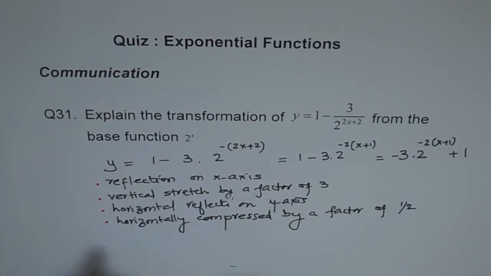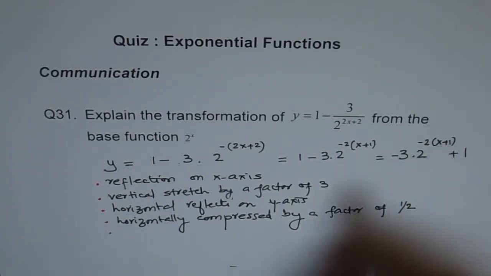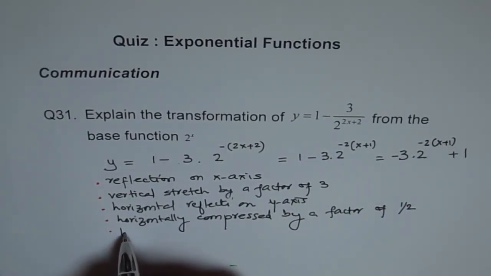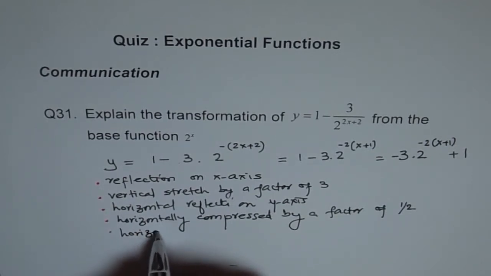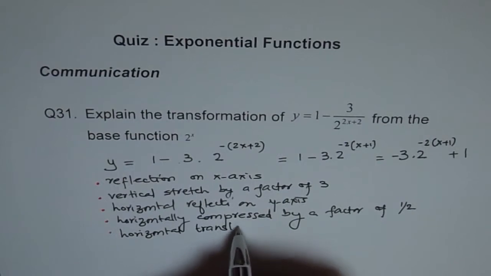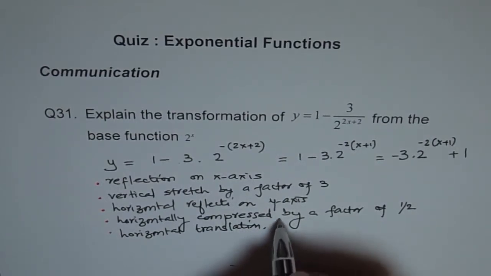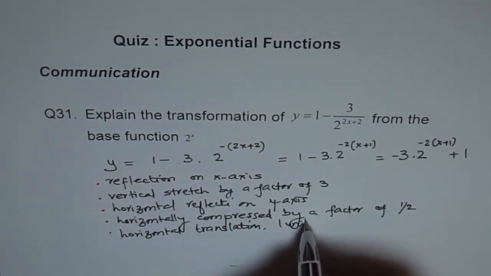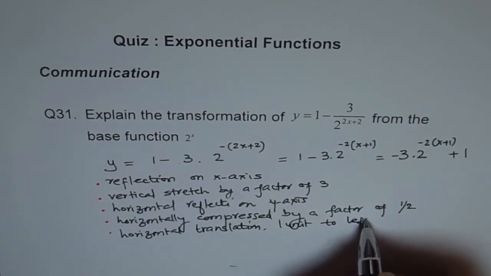Can you tell me in which direction? So if I make x as minus 1, then that factor becomes 0. So it is horizontal translation one unit to the left.